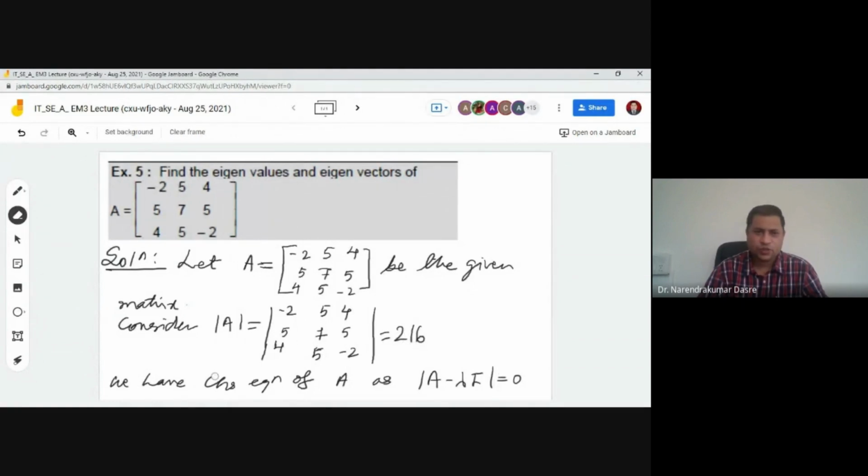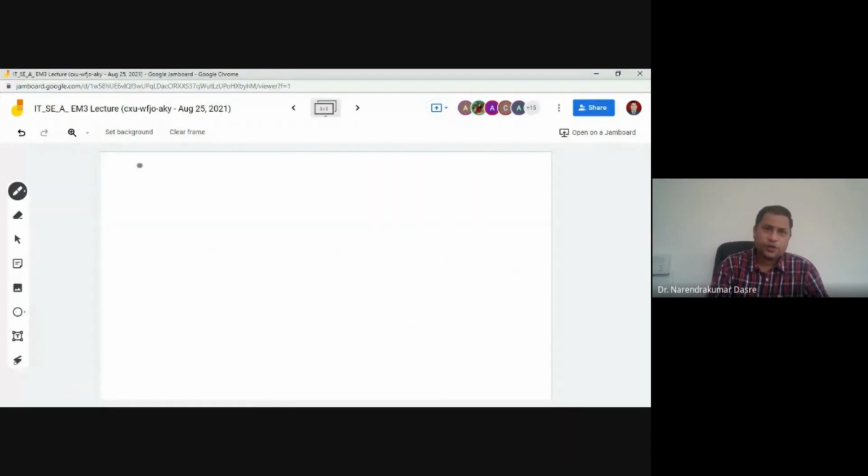So we have the characteristic equation as determinant of A minus lambda equal to 0. We have the determinant with entries minus 2 minus lambda, 5 and 4; then 5, 7 minus lambda, and 5; then 4, 5, and minus 2 minus lambda, equal to 0.